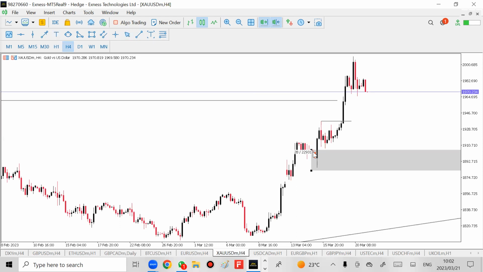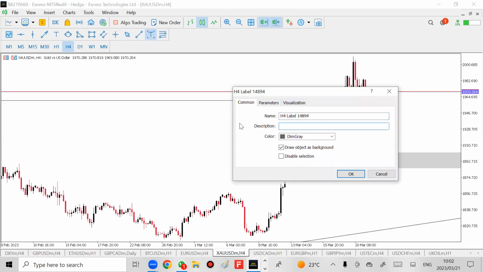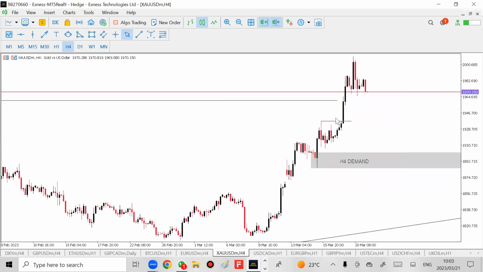So this is H4, and we can name it H4 demand zone. So this is the break of structure that we're trying to mark.